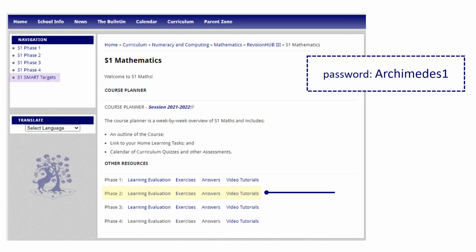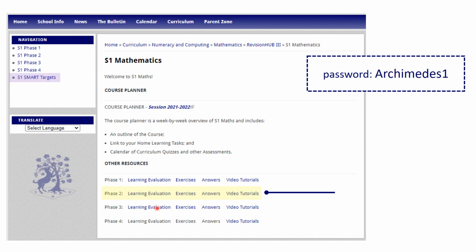Should you wish to follow up on any of the solving equations work on the Revision Hub, as previously talked about in the former video, the Revision Hub is accessible on the school website following this pathway. The curriculum section sits up here. The password is Archimedes1 with a capital A. We have equation work in phase 2 and in phase 3, where we have learning evaluation booklets to describe what has been taught in class.